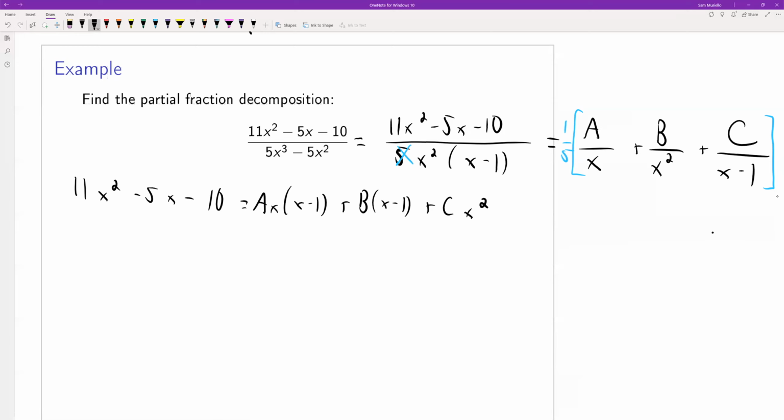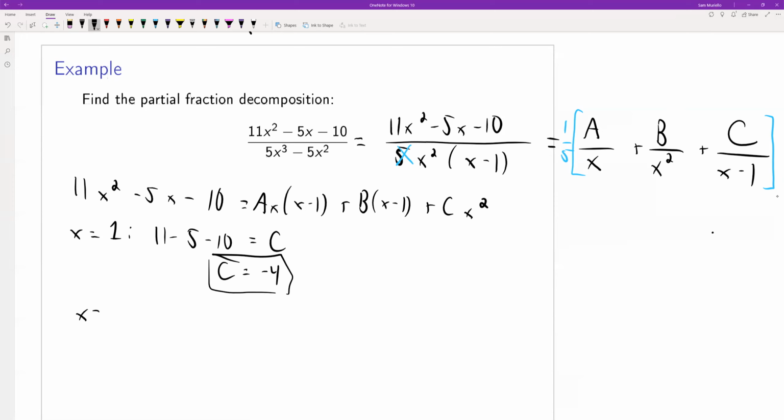We're going to start out by using the fast method as much as we can. If x is equal to 1, then the a and b terms will cancel. We will get 11 minus 5 minus 10 is equal to c, which means that c is equal to negative 4.